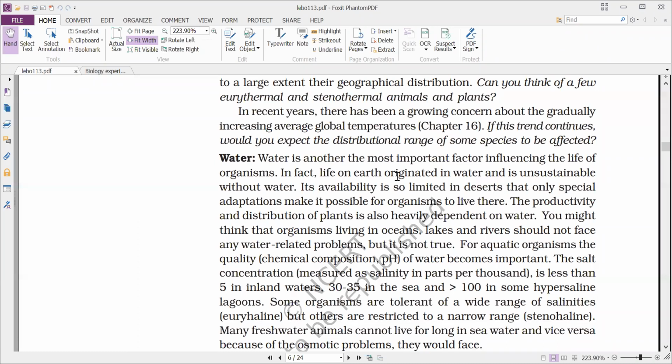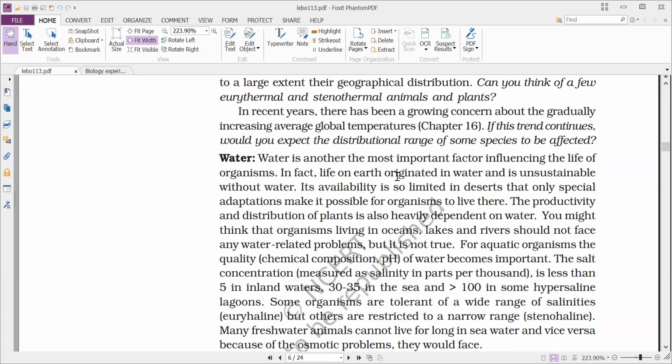If the Earth's average temperature is increasing, those organisms which cannot tolerate it undergo extinction, and they are completely removed from the Earth's surface, disturbing the ecological balance.